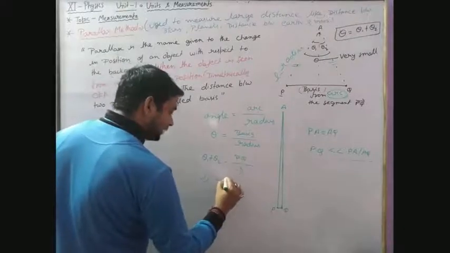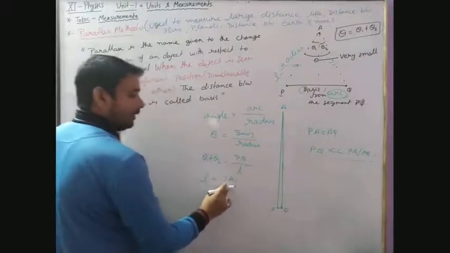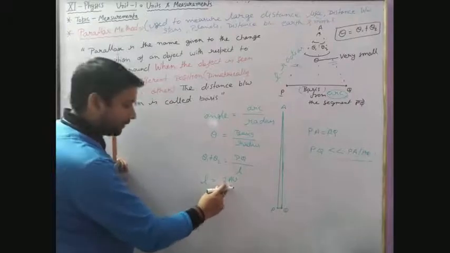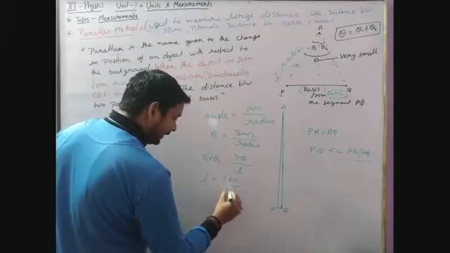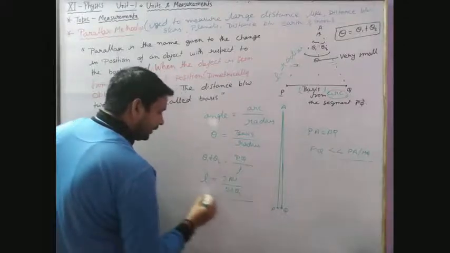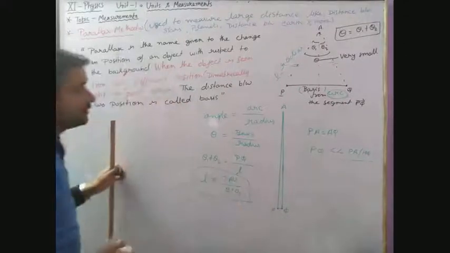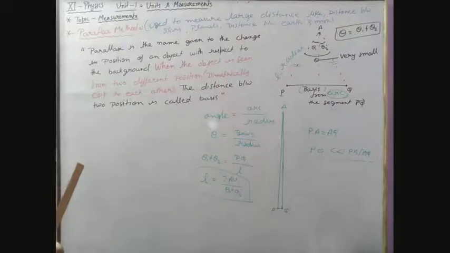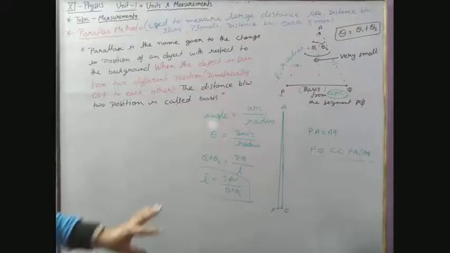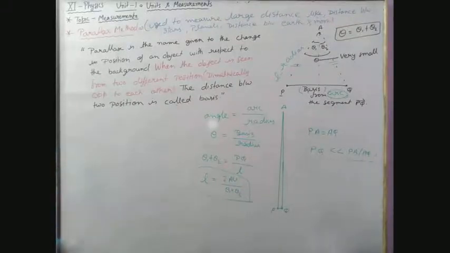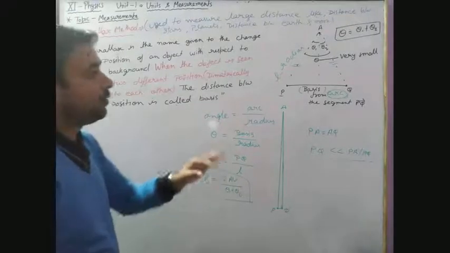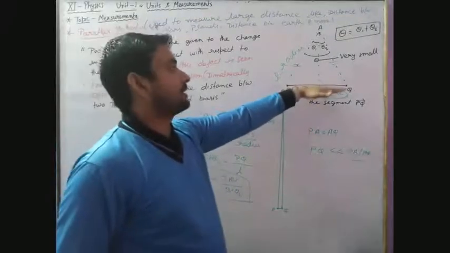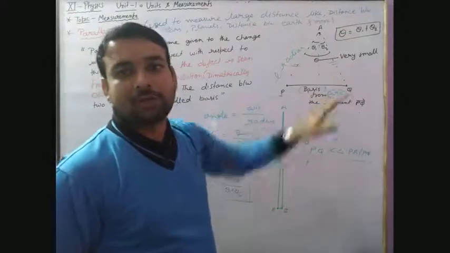PQ is taken as 2 AU, where AU is the astronomical unit, upon the angle theta 1 plus theta 2. So this is how we measure the distance of a far object from any other object, or the distance of any star from the earth.